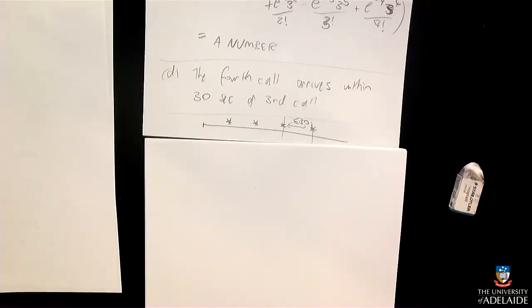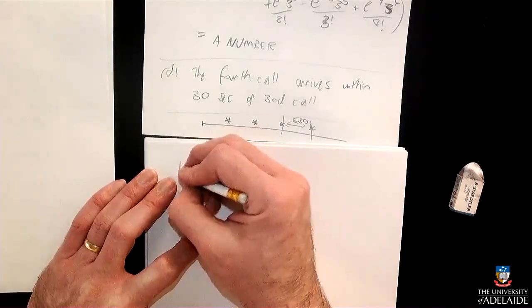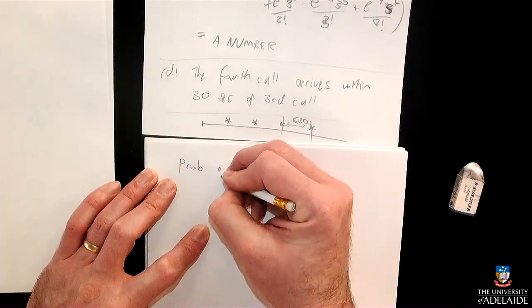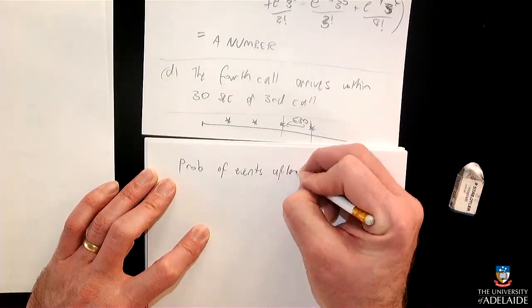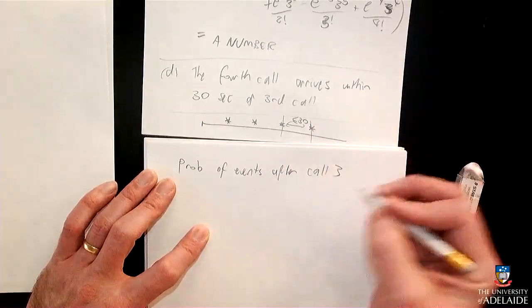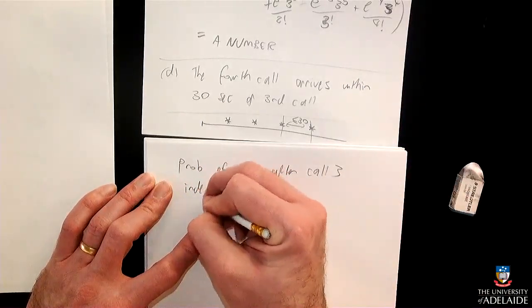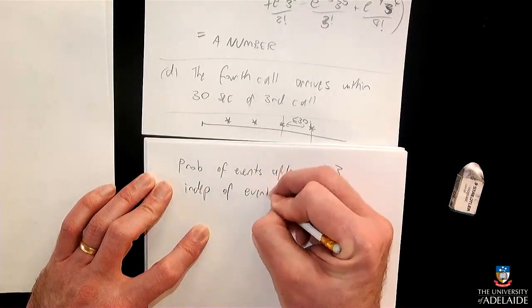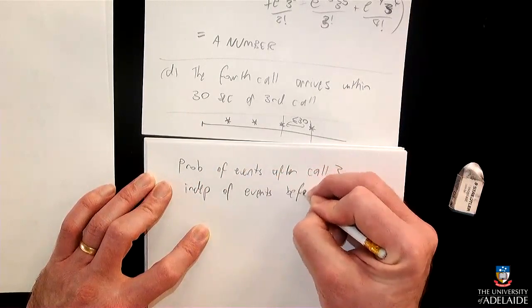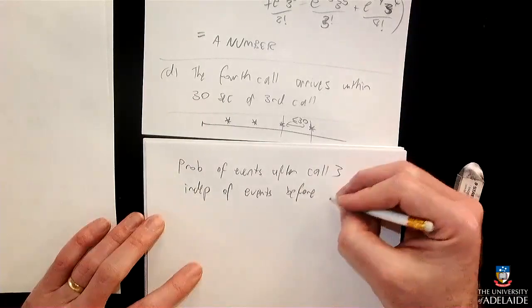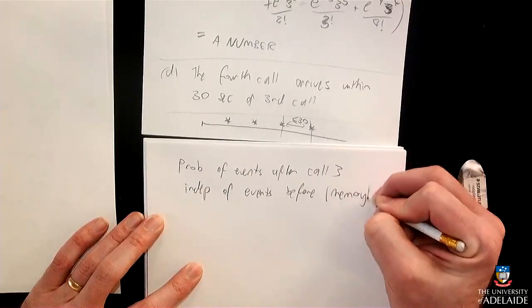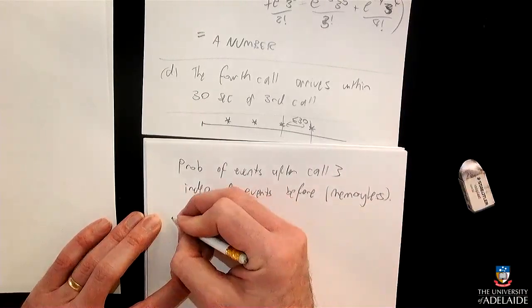I can just say that. Probably events after call 3 are independent of events before because of the memoryless property.